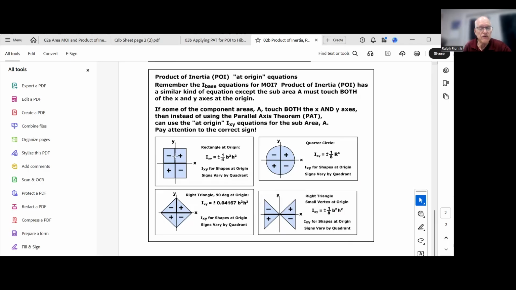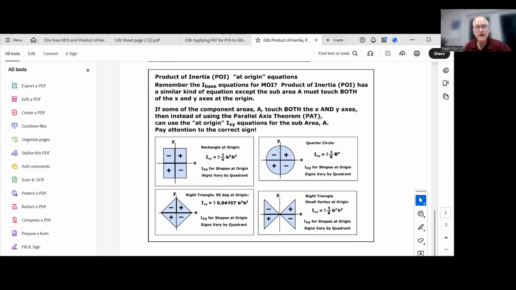And so for rectangles, the magnitude is 1/4 b squared h squared. It's positive if it's in this corner. It's negative if it's in this corner, positive and negative. So this is a rectangle at the origin.